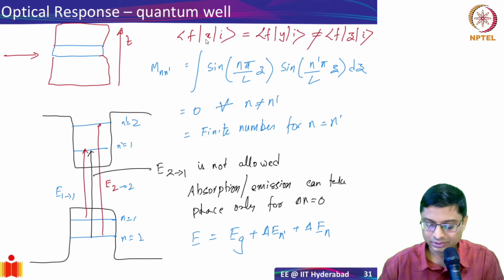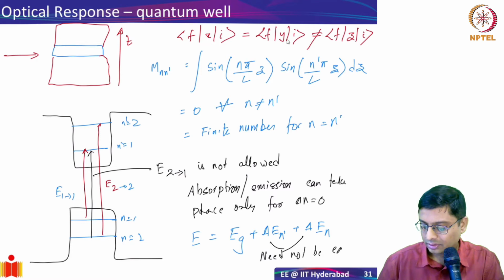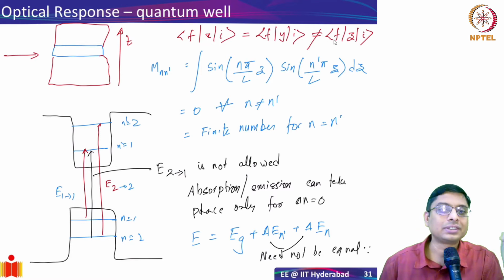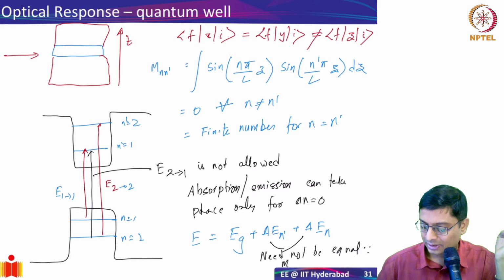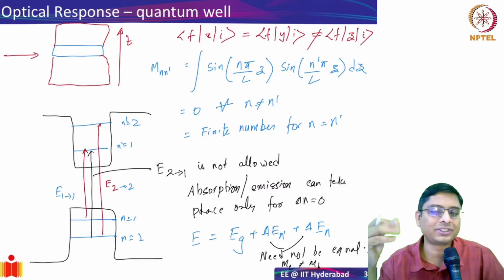These two quantities, delta E n prime and delta E n, need not be equal, because the effective masses are different. There is an m in the denominator. The hole effective mass is not the same as the electron effective mass, so there is some difference.